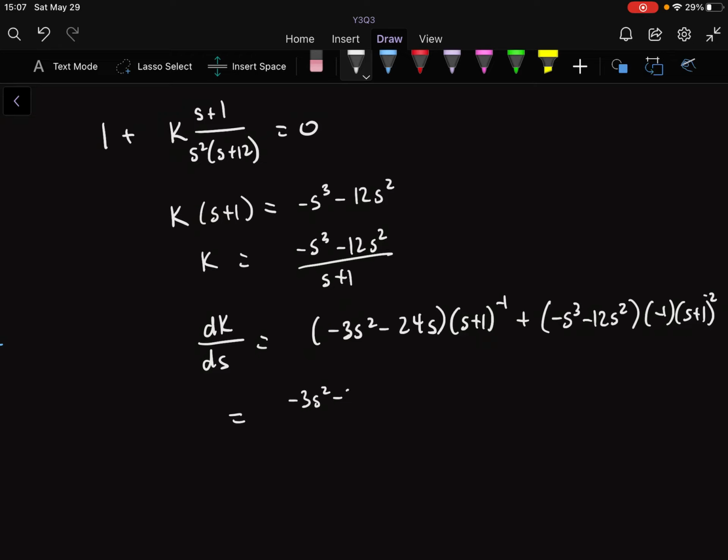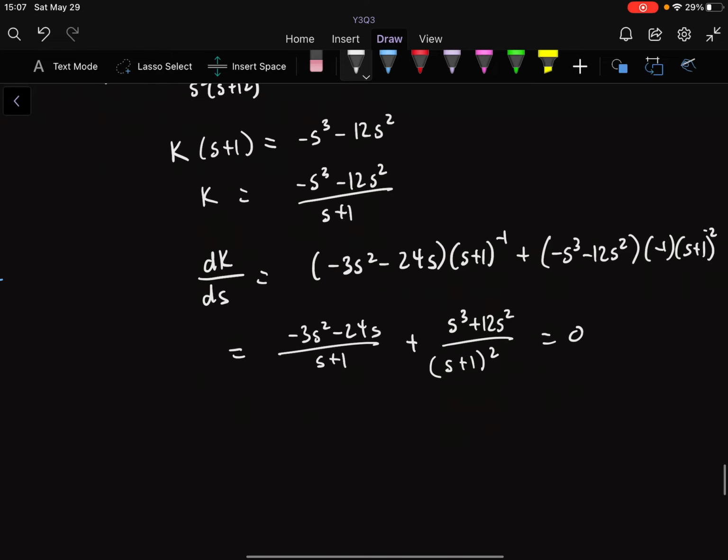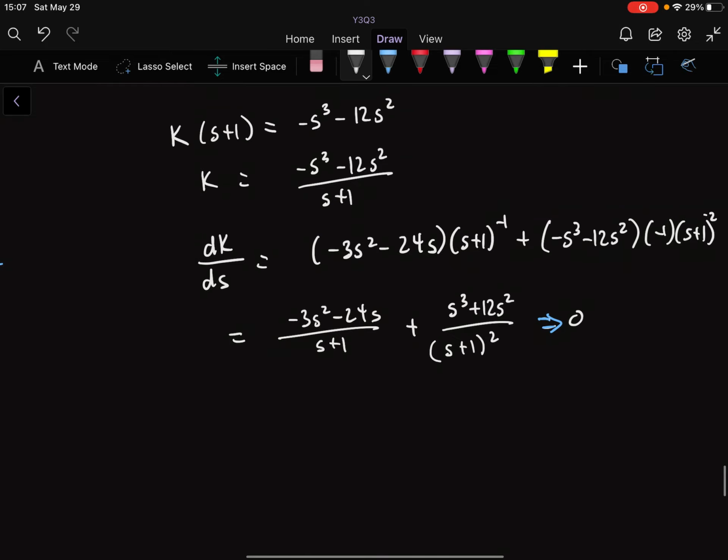Rewrite that, and set that equal to 0, and do a bit more rearranging. If you're good at mental math and you can do this in your head, congrats, but I can't, so here we are.